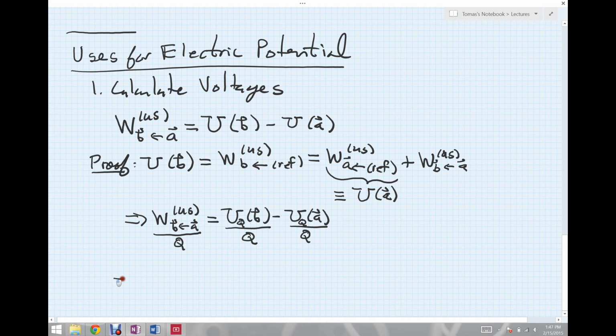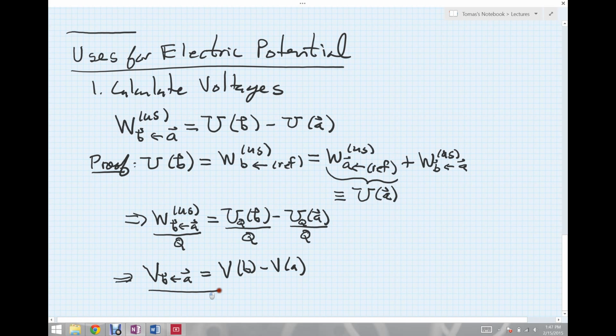And that equation then becomes, because work per charge is the voltage, so this would be the voltage going from point A to point B is going to equal, and this is the definition of the electric potential, potential energy per unit charge, so that is V at B minus V at A.